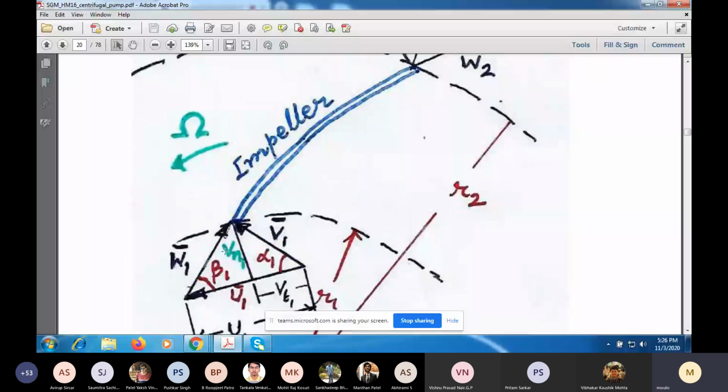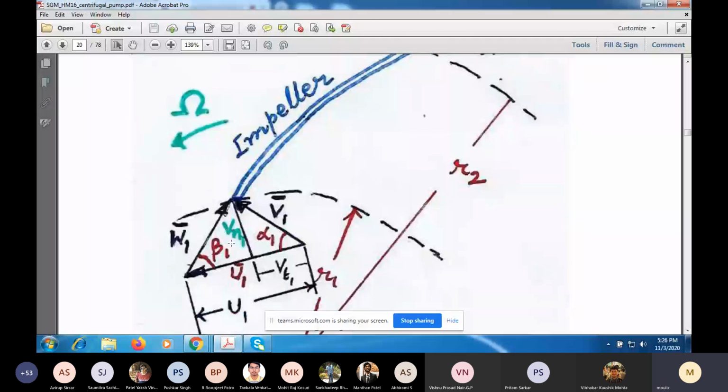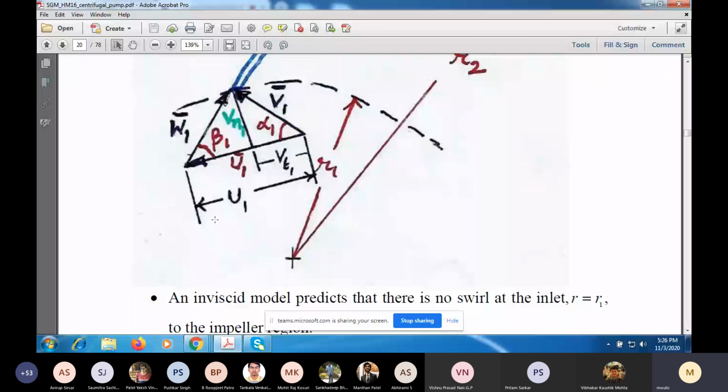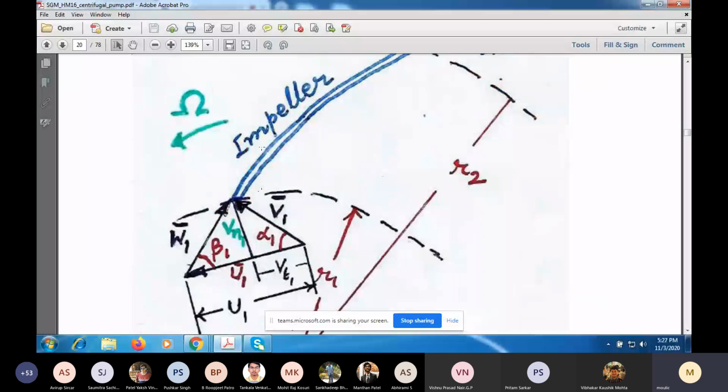Now this is at the design condition. When the pump is running at the design condition, the relative velocity at the inlet will be tangent to the impeller surface here. So this is W1. And U1 plus W1 will give you V1. In this figure, U1 is perpendicular to the radial line joining this point 1 and the center of rotation of the impeller.